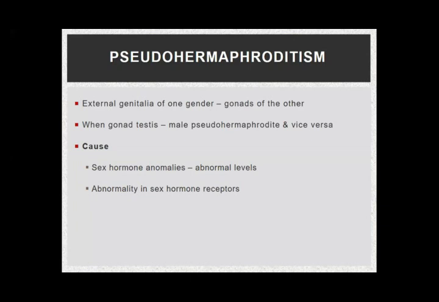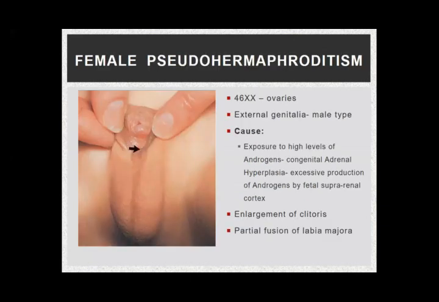Female pseudohermaphroditism, in this it is 46XX. Okay? And the gonad is an ovary, but the external genitalia developed resemble that of a male.